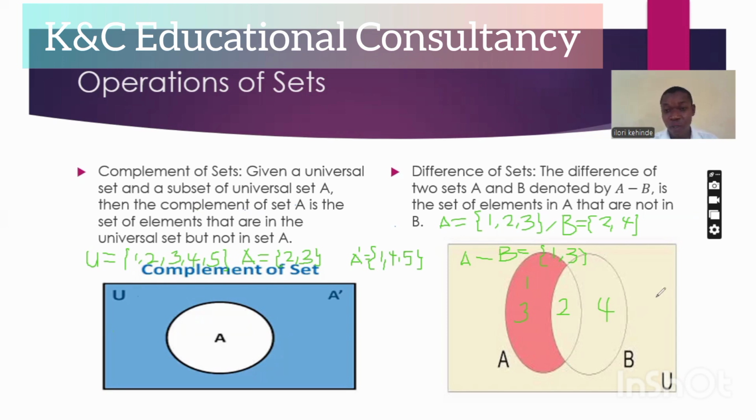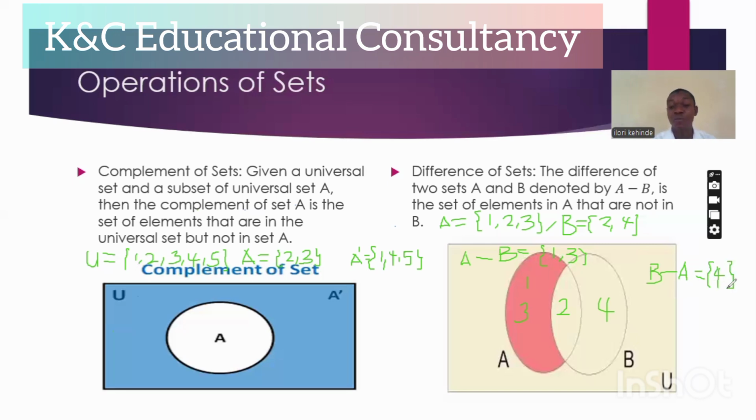If I want to check B minus A now, tell me the answer to that one. What is the element that is in B only? When you look at B only, that is 4. You have a 4 here. Can you see that?